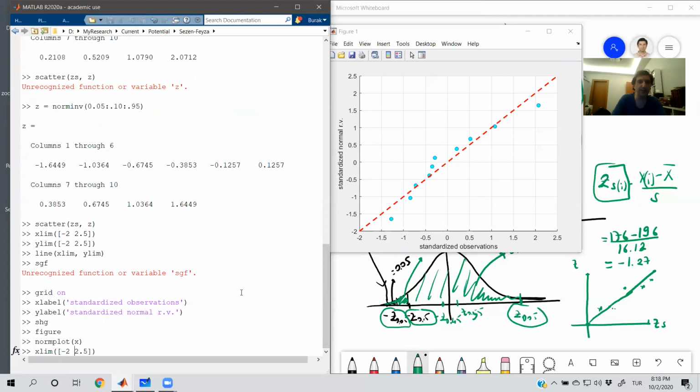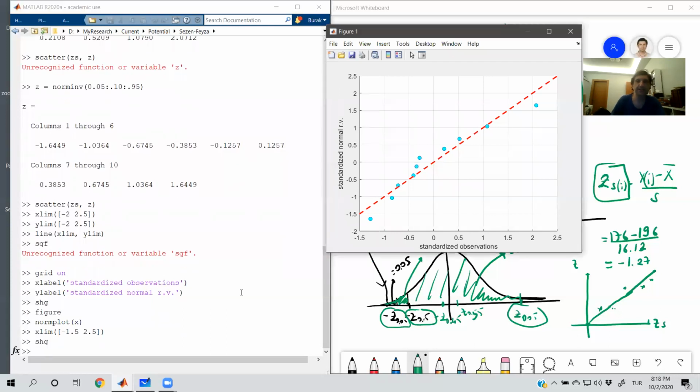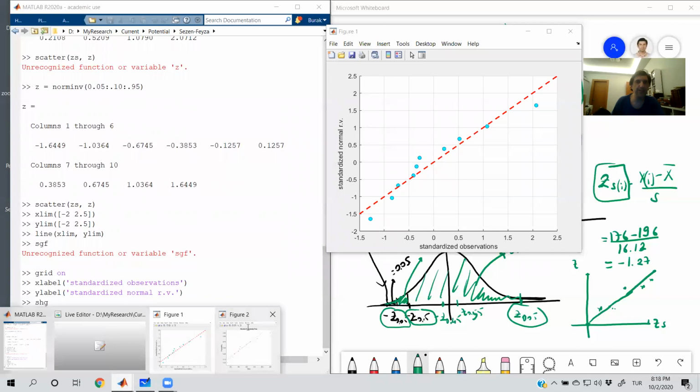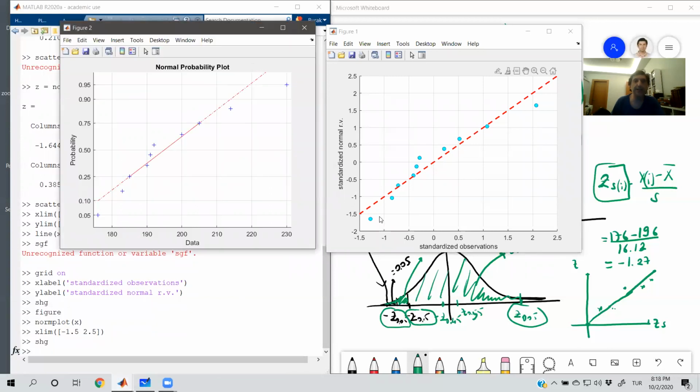For instance, we can make this minus 1.5. Yes. Now, in this case, they are probably totally identical. Yeah, I guess so. Except one point, yeah, we need to also adjust the y-axis here.